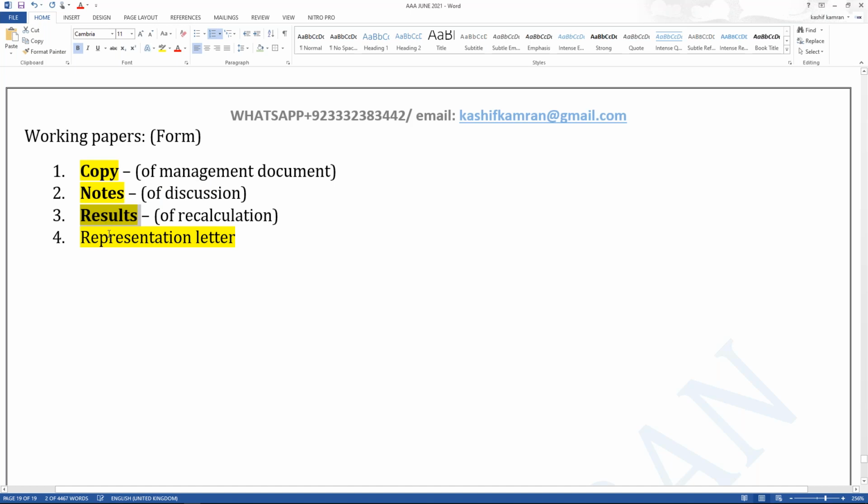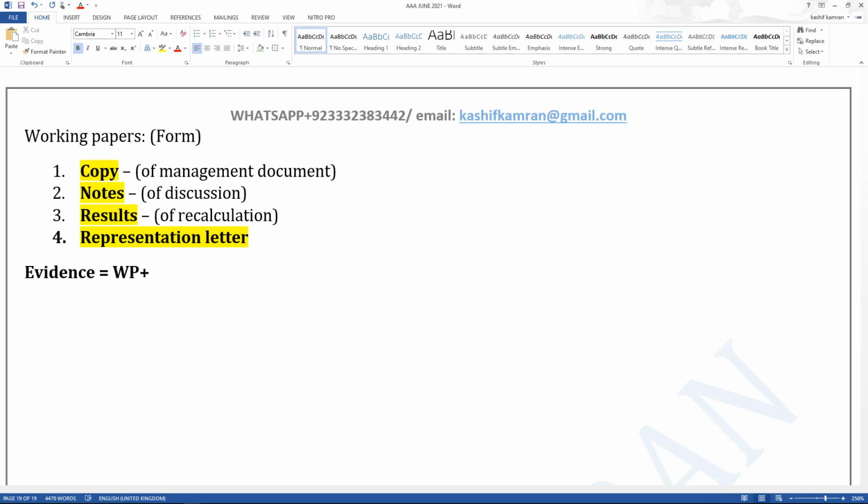What's the starting point of the evidence? When you're writing an evidence, what's the starting point? WP, working paper, plus copy, notes, results, working paper. You start writing it with a working paper.